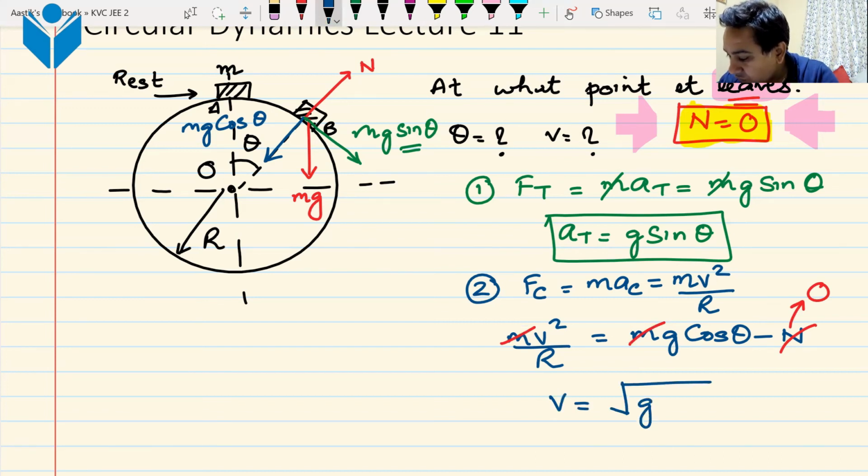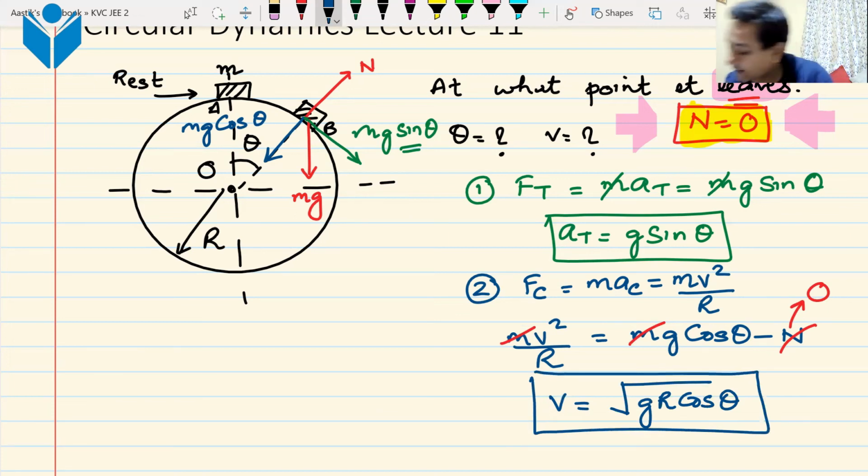V is under root of gr cos theta, and you must never forget this second equation. That should remain with you throughout your life, that with this velocity it is going to leave the circular track at angle theta. Now the only question that remains is what is the value of this theta.